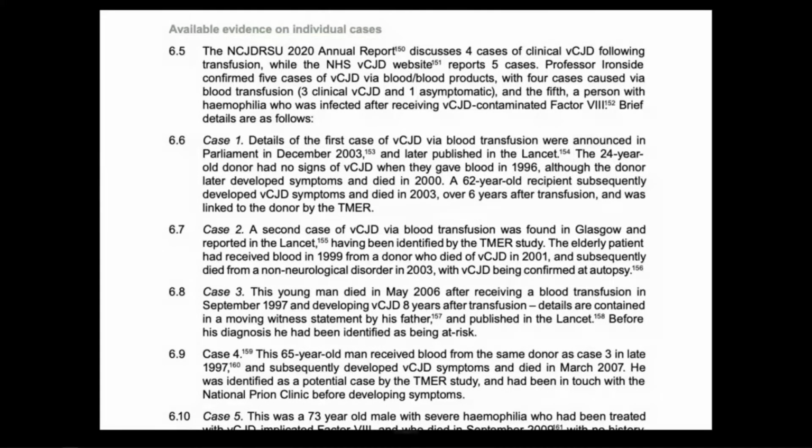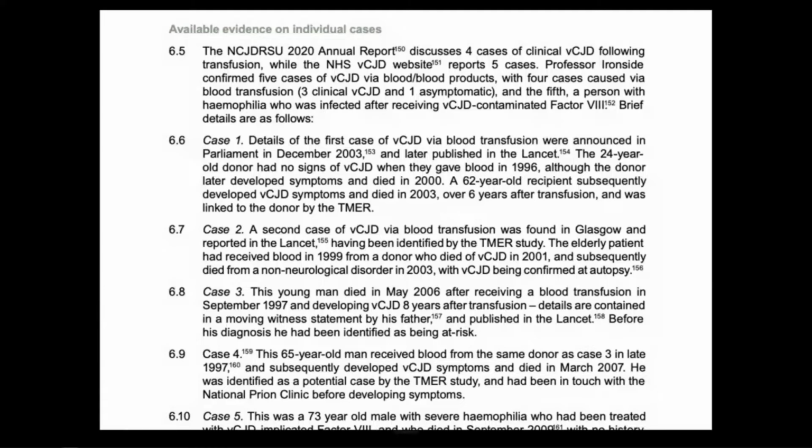And just so that we look through them briefly, so case 1, VCJD via blood transfusion, with a recipient who then developed VCJD symptoms and died over 6 years after the transfusion. Case 2 is the second case of VCJD via blood transfusion. A patient received blood in 1999 from a donor who died of VCJD in 2001.